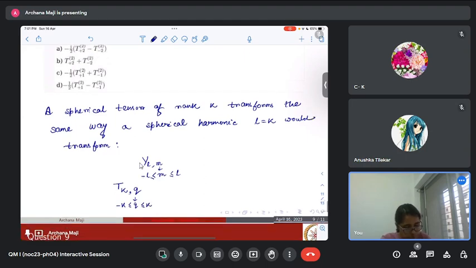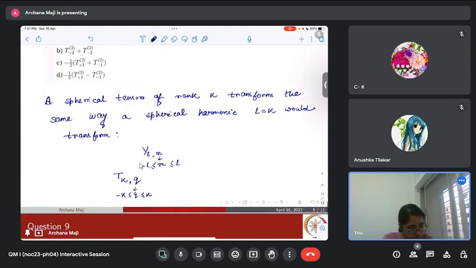Okay, and so we know that Lz acting on Y L M gives M h cross Y L M, and L plus minus on Y L M gives h cross square root of L into L plus 1 minus M into M plus minus 1 times Y L M plus minus 1.